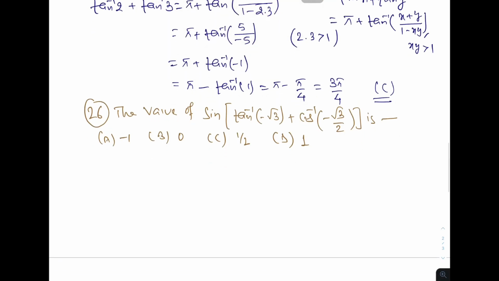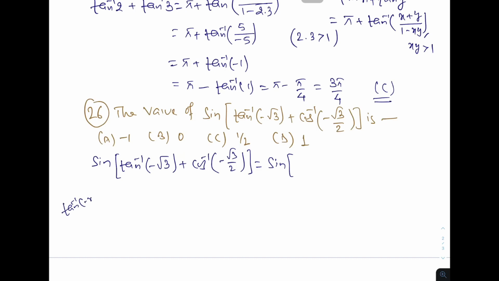So let us see now. Sine of tan inverse minus root 3 plus cos inverse minus root 3 by 2 equal to sine of, now tan inverse minus x is minus tan inverse x.